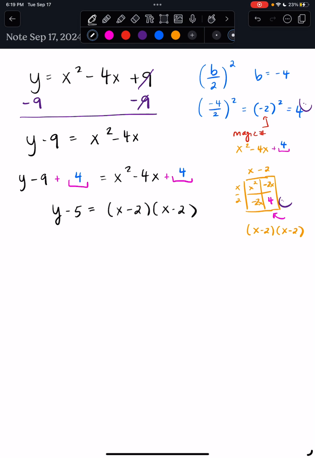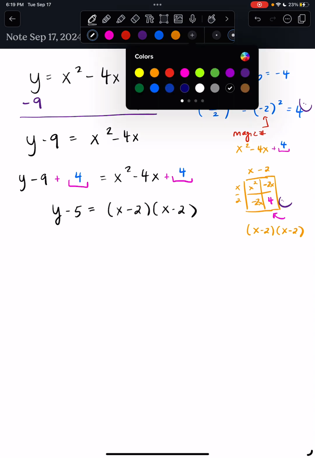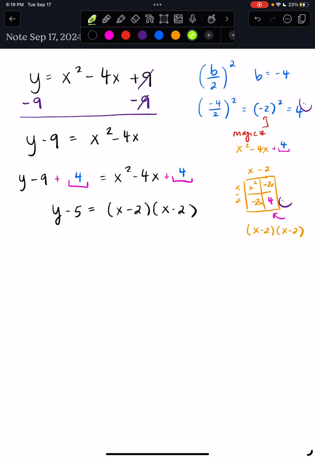So we just transformed our equation. What we're seeing here and here are exactly the same equation, just written in different forms. Now, I can simplify x minus 2 times x minus 2 and write it as x minus 2 squared.